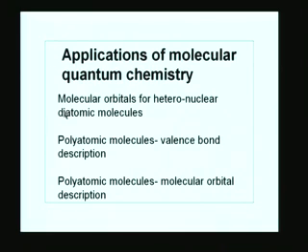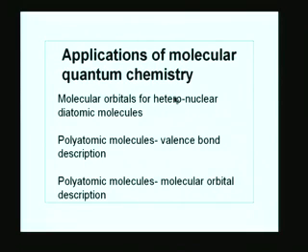We will also study a little bit about the molecular orbitals for the heteronuclear diatomic molecules, that is molecules in which the two atoms are different. For example, carbon monoxide, hydrogen chloride, things like that, in which the atoms are not the same, heteronuclear.